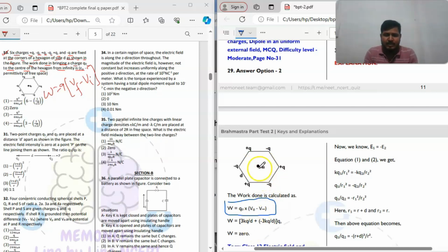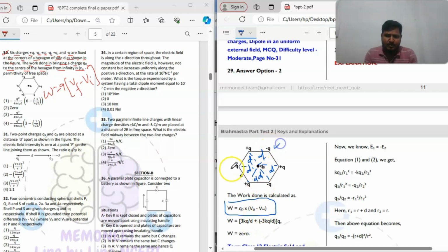Tell me. This distance will be d, this distance will be d, this distance will be d, and this is also d, and this is also d. So now 1, 2, 3. This one is the same potential. So we will write here 3kq by d.